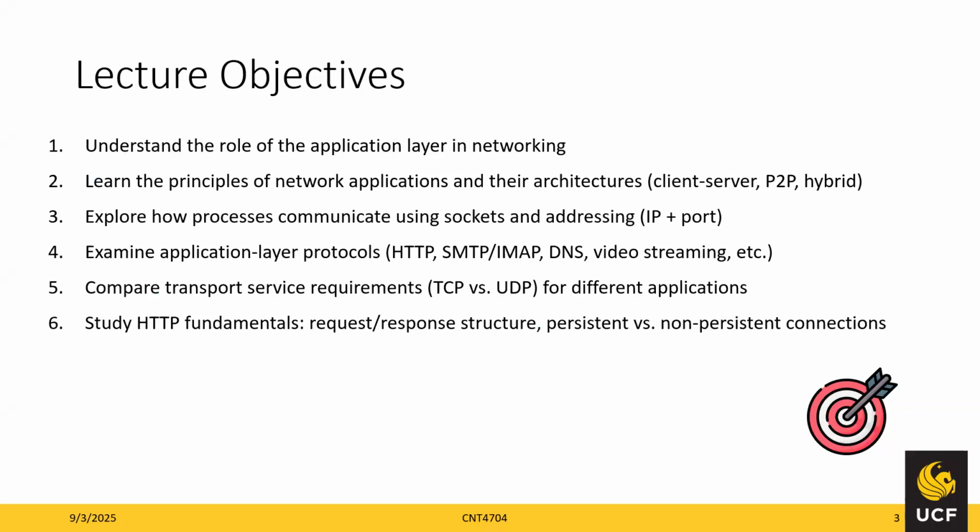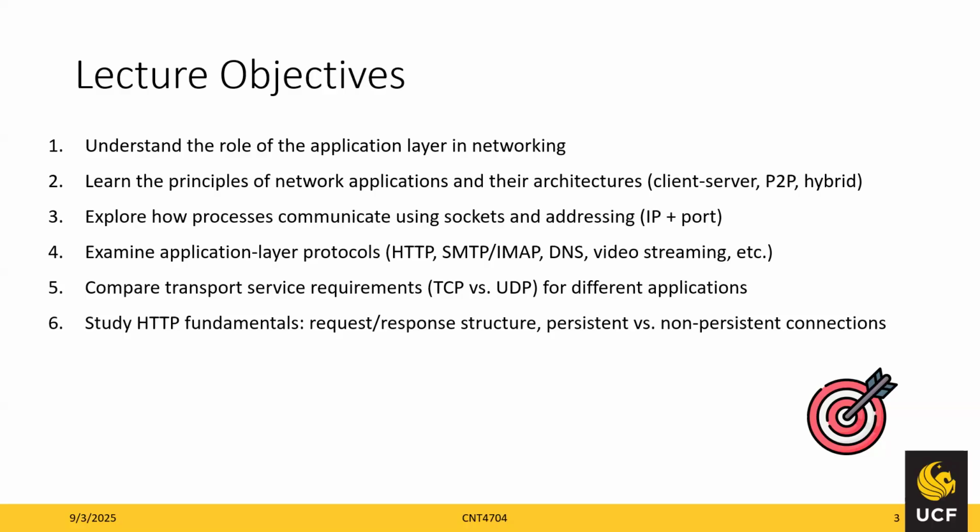So here are the lecture objectives. We want to understand the role of the application layer when it comes to networking. We spoke about each layer in the first chapter, but very briefly. Once we go into detail on every layer, there's a lot more to it. For the application layer, we'll talk about HTTP, and there are a lot of details about HTTP.